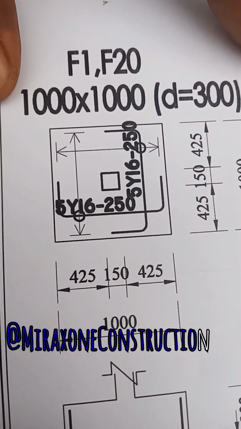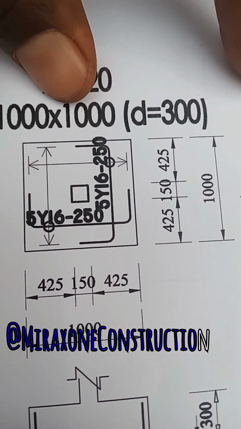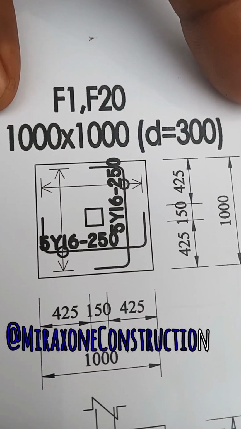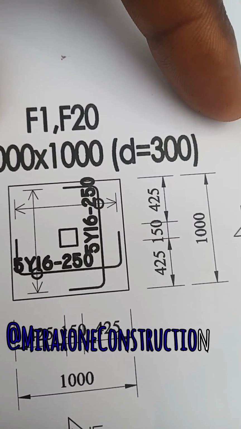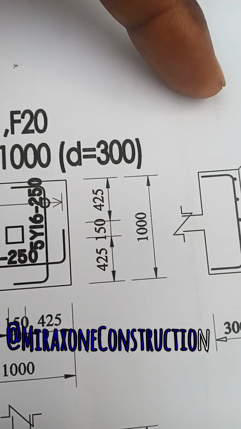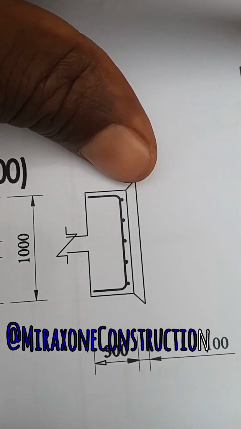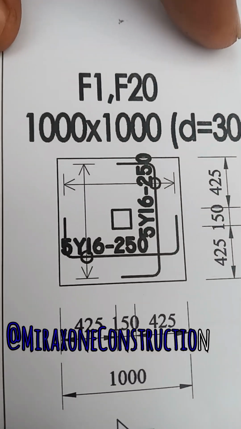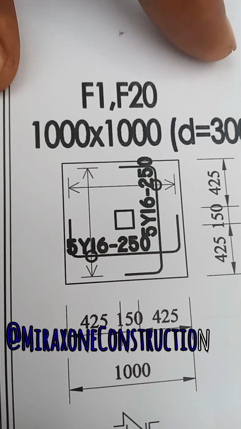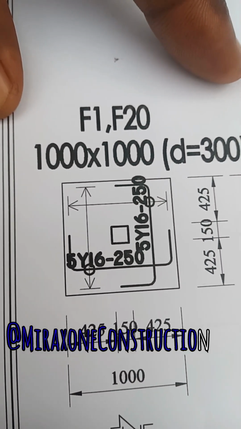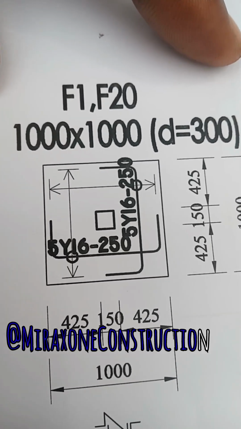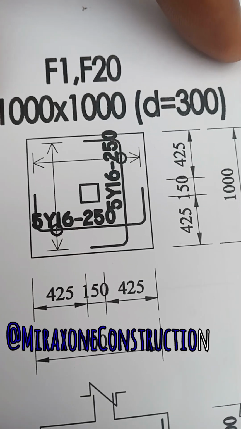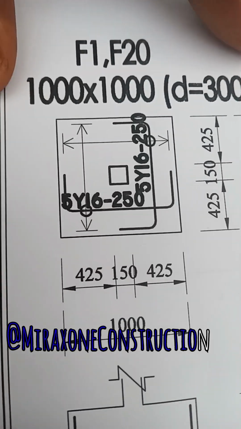After analyzing this column base, we are going to analyze the column itself. That is the reason why you need to subscribe to my YouTube channel, because we are going to do a lot of structural analysis. This F1 and F20 are combined together because they have the same structural detailings. So let's analyze them.